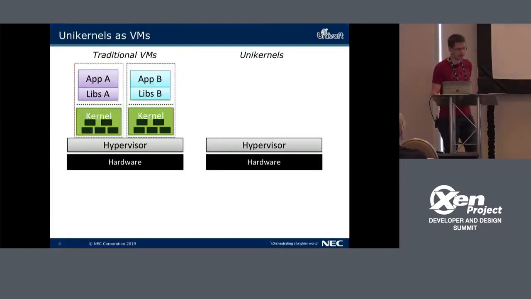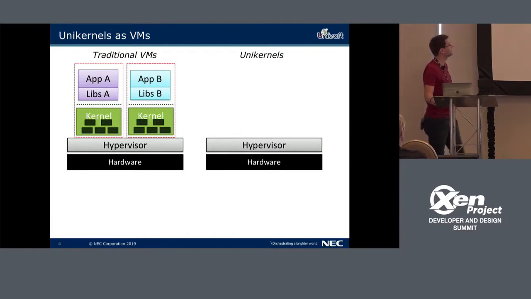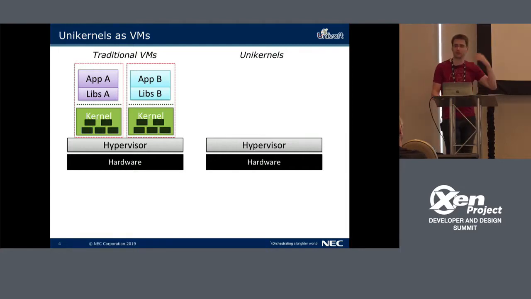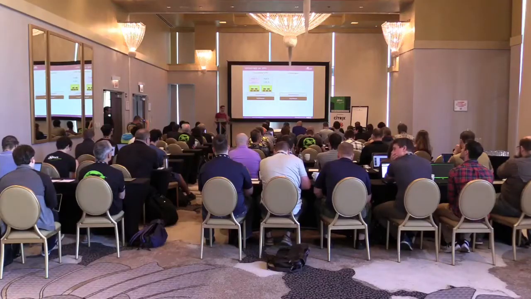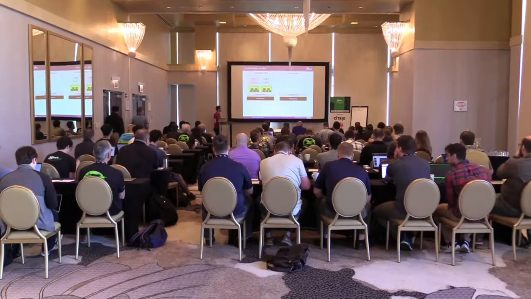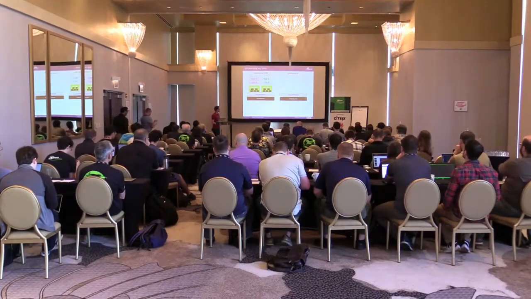A unikernel, as we understand it, is a specialized system. Take this picture. On the left side you have a traditional VM, a standard cloud deployment, with roughly one application running per VM for isolation reasons, and a general purpose kernel underneath.